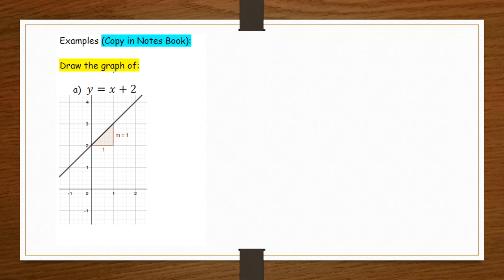We want to draw the graph of y equals x plus 2. So the 2 here is the y-intercept. So this is where the straight line crosses the y-axis. So this is our y, this is our x.